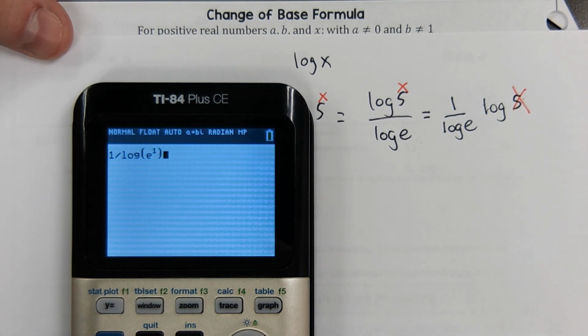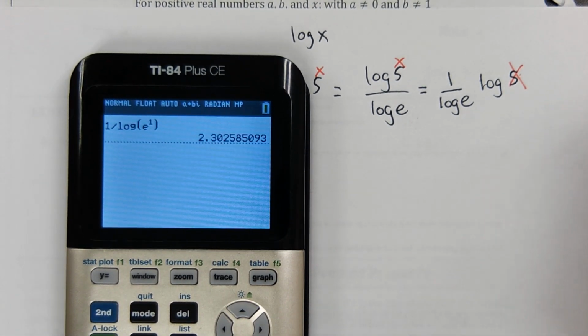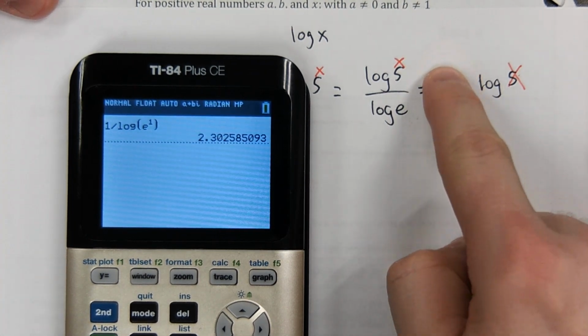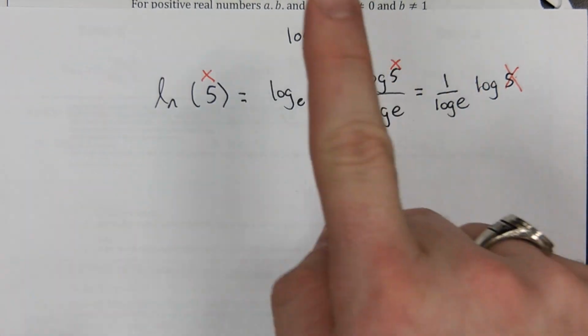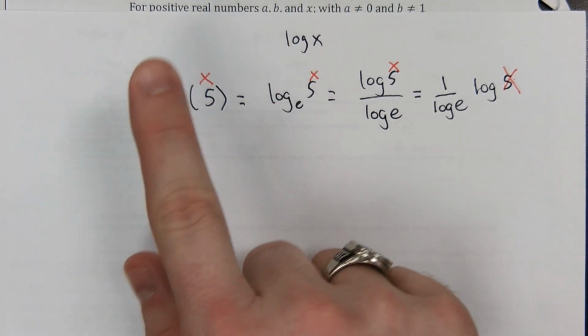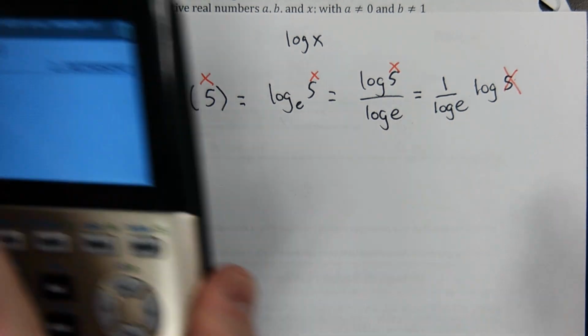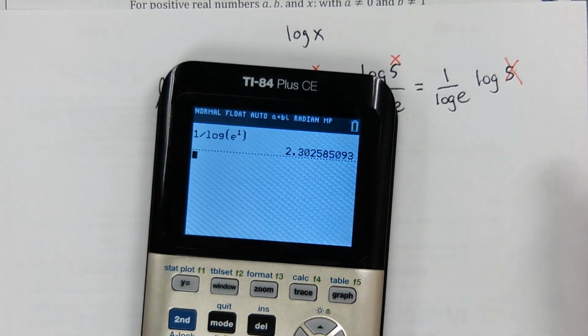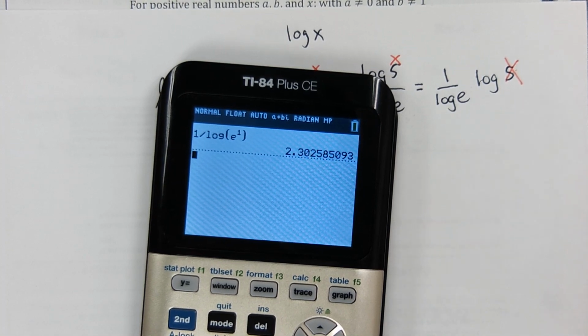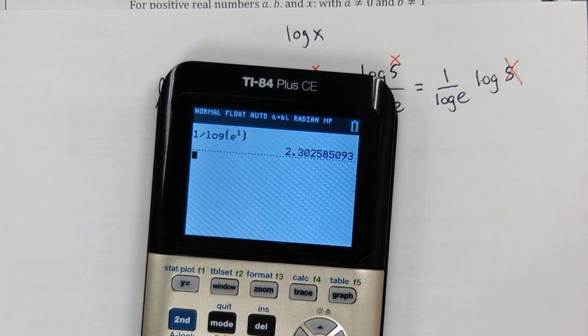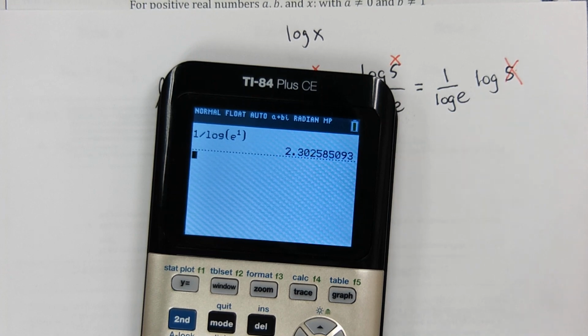It's second ln. This is roughly 2.303. So if you would like to turn this graph, log of x, into ln of x, all you need to do is perform a vertical dilation of factor roughly 2.303. And that would turn log of x into the ln of x.